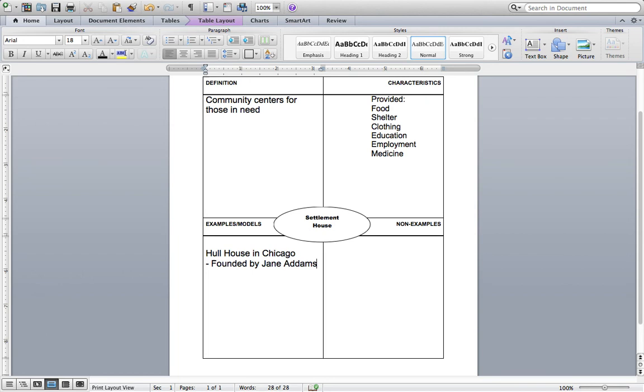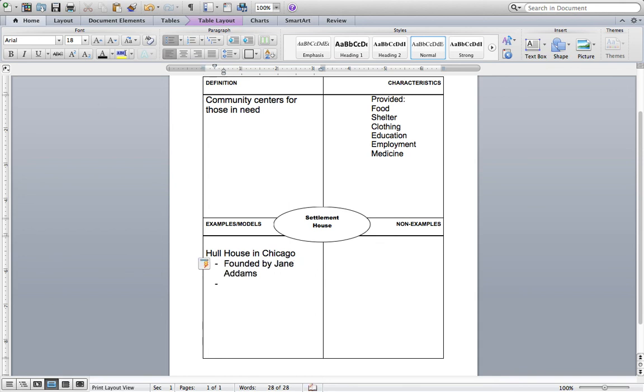The name comes from the person who owned the house before it was turned into the community center. People came to Hull House to find help with employment, education, clothing, and medicine. They had boys and girls clubs for kids to occupy their time and give them something to be involved in. So Jane Addams was very important in reforming life for those in need, particularly immigrants.